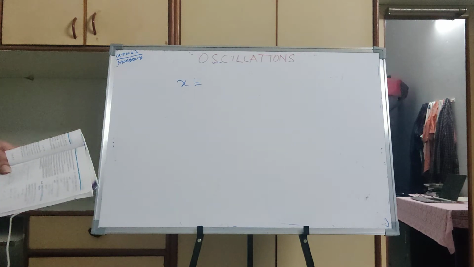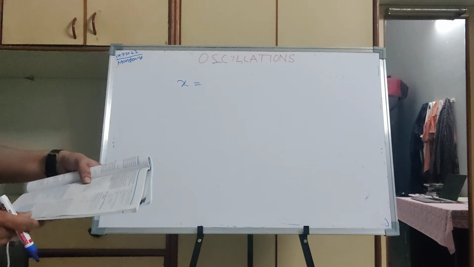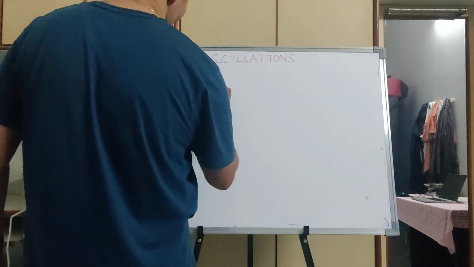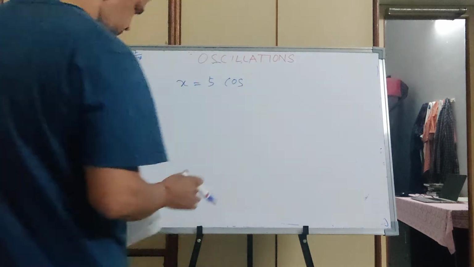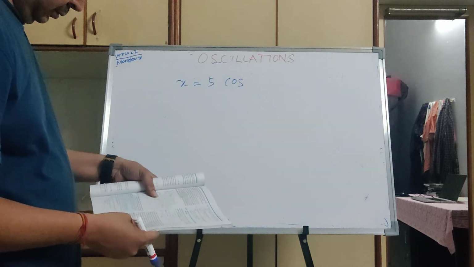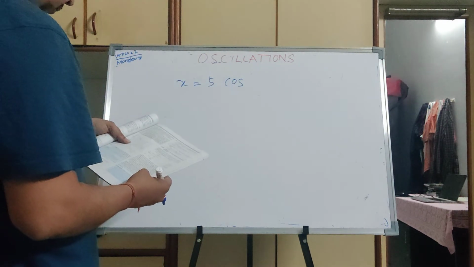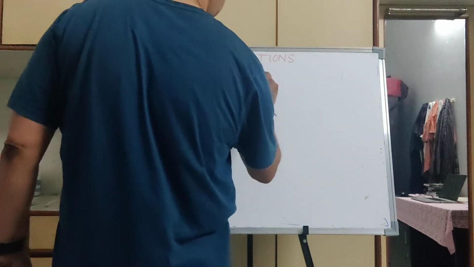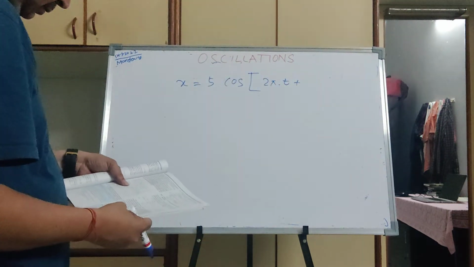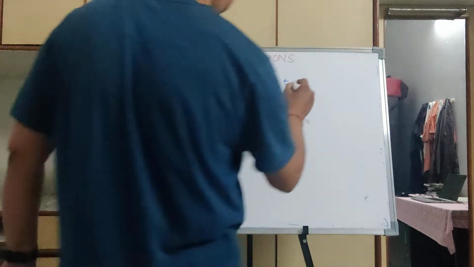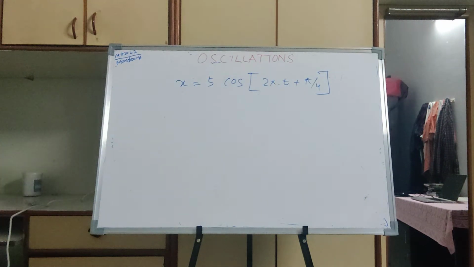So the equation of motion is x is equal to 5 cos (2 pi t plus pi by 4).